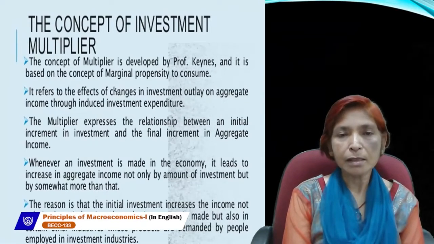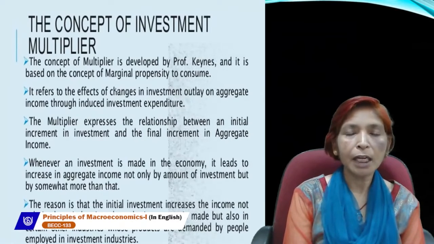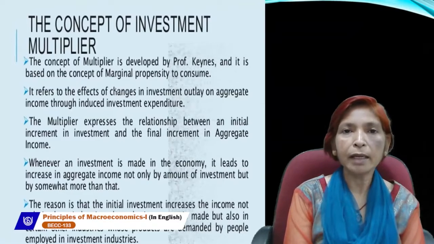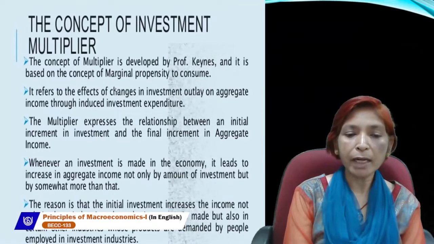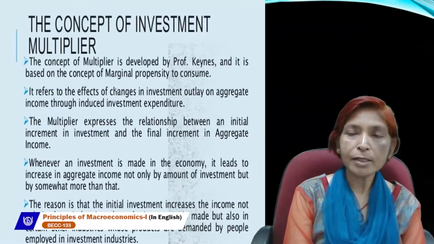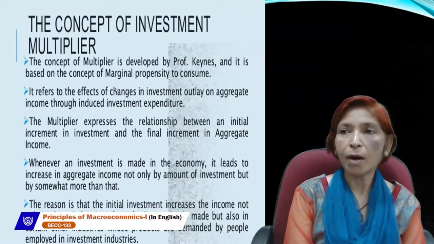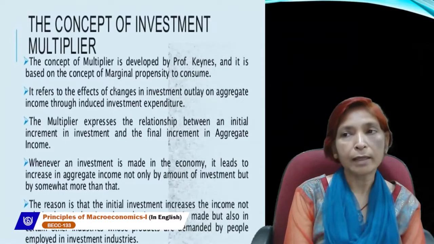Multiplier expresses the relationship between an initial increase in investment and the final increment in aggregate income. Whenever an investment is made in the economy, it leads to an increase in aggregate income, not only by the amount of investment, but by somewhat more than that.